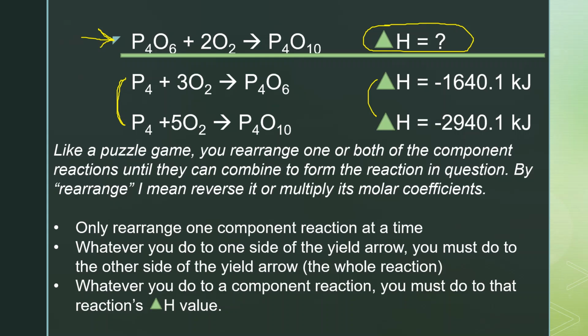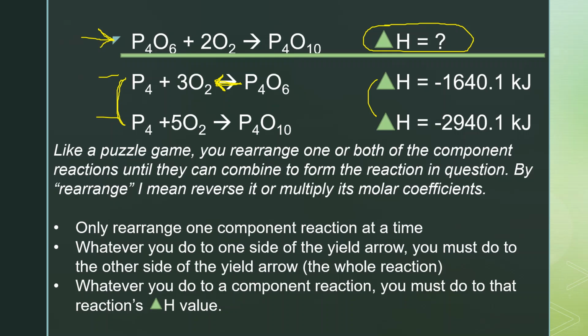Now, what I mean by rearrange is that you take one component reaction at a time, either this one or this one, and the first thing you can do is reverse one of them. So we're going to reverse this yield arrow right here and make it go backwards.